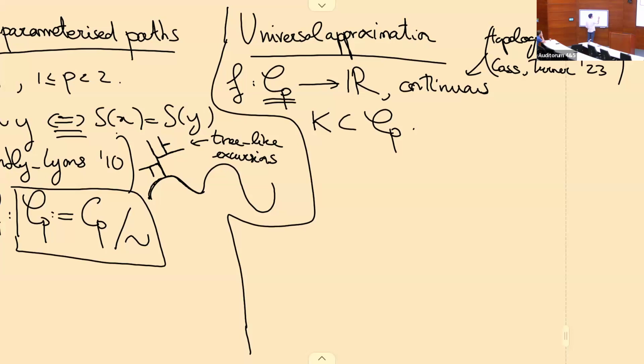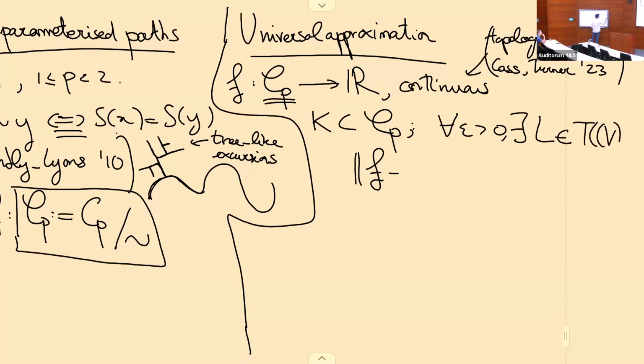So for all epsilon greater than 0, there exists a linear functional L in the dual of the tensor algebra, such that the uniform norm over the compact set K of f minus L composed with S is less than epsilon.